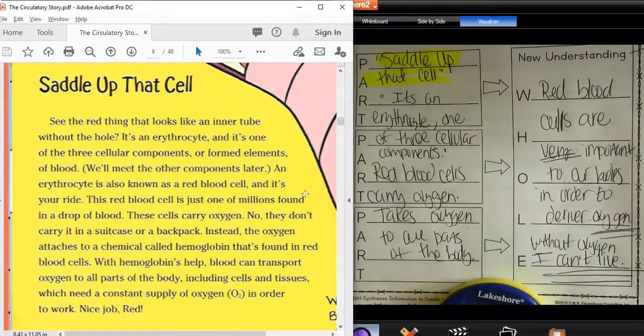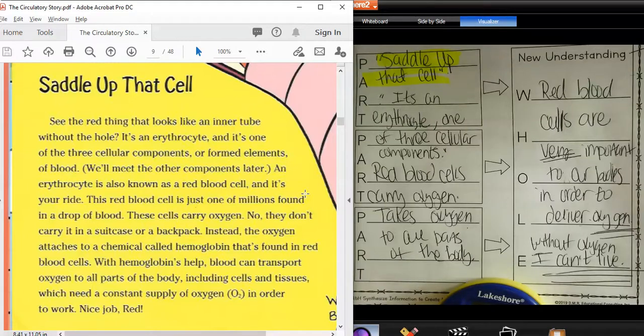So remember, when we synthesize, we take what the author told us and we say, okay, well, based on the evidence, we know that, and then red blood cells are very important to our bodies to deliver oxygen. Without oxygen, we cannot live. You have the last 20 seconds. If you are finished copying this, you may close this. Remember, when you get to class, you are going to need to work on pages 24 to 27.